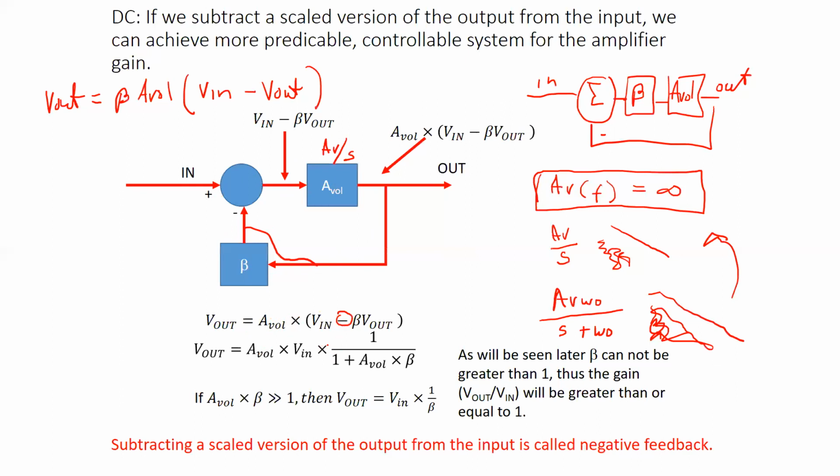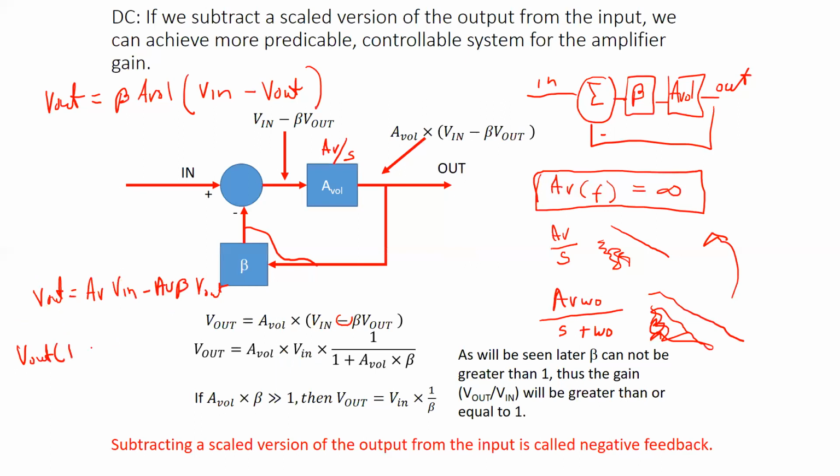I skipped a bit, so I'm going to show that missing step. V out equals open loop gain times V in minus AV times beta times V out. Then I collect the V out. Notice the scale constant on V out is 1.